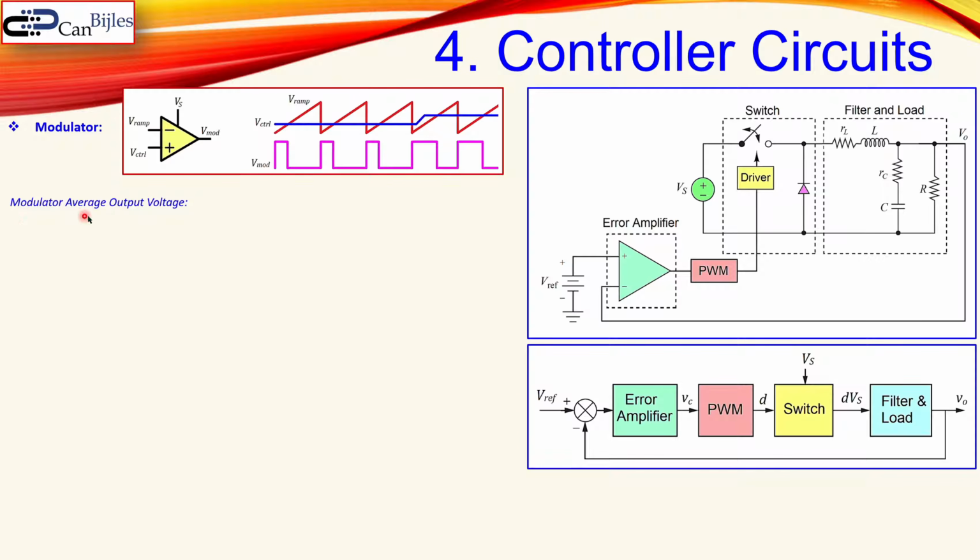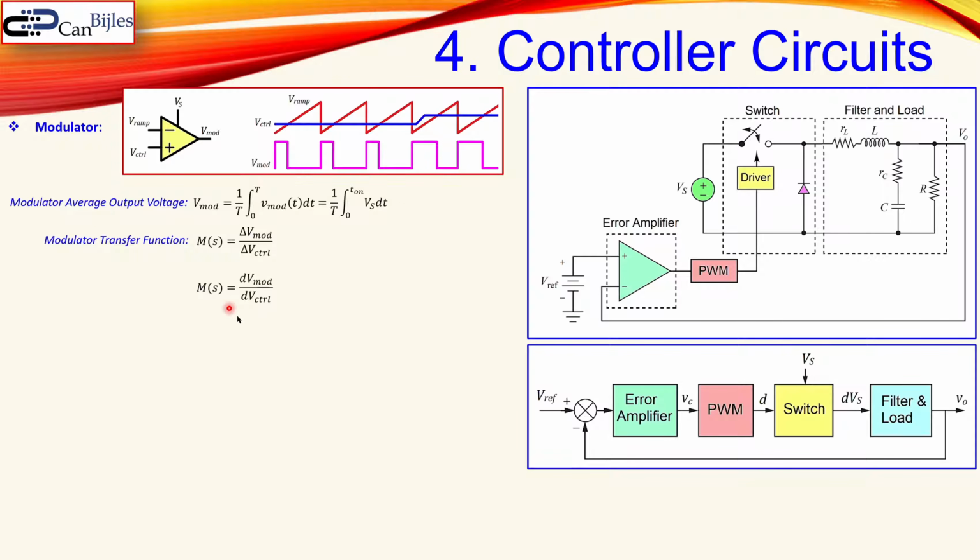So the modulator average output voltage is given by this integral. We have seen that also in the previous examples about how to calculate the average value of a signal. So the modulator output voltage given in the time domain can be averaged using this formula. And you can have then only the part where you have the input from Vs. The modulator transfer function, which is called Ms, given here in the generic form in the Laplace parameter, is delta V modulation over delta control signal.